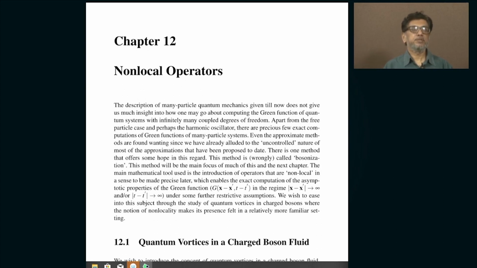But I believe that if you put in the effort and learn how to utilize them properly, they'll shed very deep light on various aspects of quantum many-body theory. So I want to discuss those objects, and they go by the name of non-local operators in quantum many-body theory. That's the last topic of this NPTEL MOOCs course, and I'll probably spend a maximum of 2 or maybe 3 lectures, very likely 2, explaining that. After that I am considering this course more or less done.